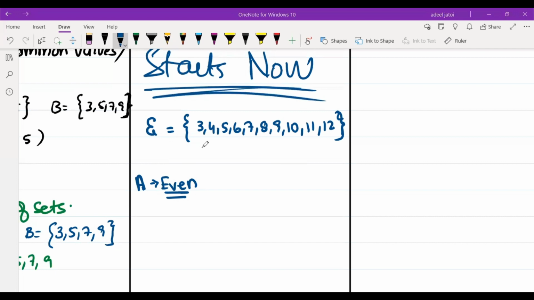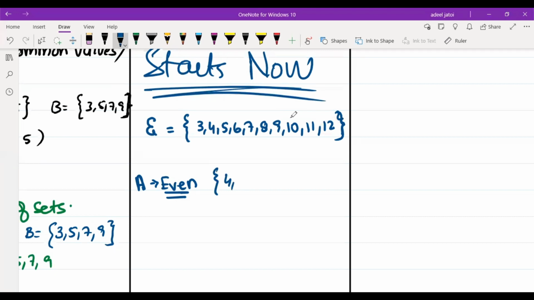You will not be taking any other values which are not part of the universal set. So even numbers from the universal set are 4, 6, 8, 10, and 12. So what are your even numbers?